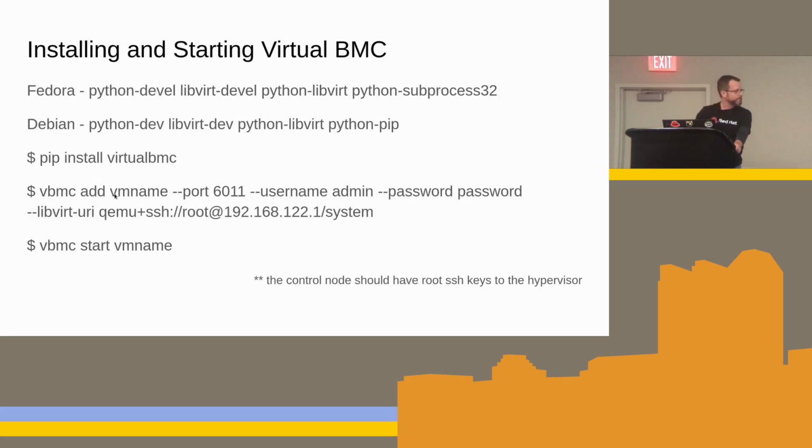Whoops, can't copy and paste. We're in presentation mode. Sorry. You would add the VM name. You give it a port, a username, a password. You tell it to use libvirt and to listen for QEMU/SSH commands and where they're going to be coming from. And then you just start it up.